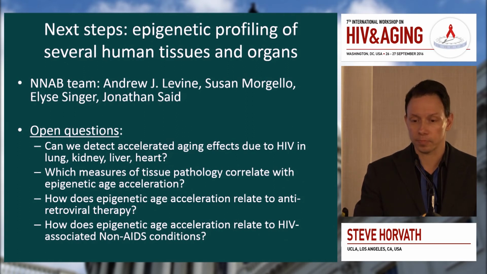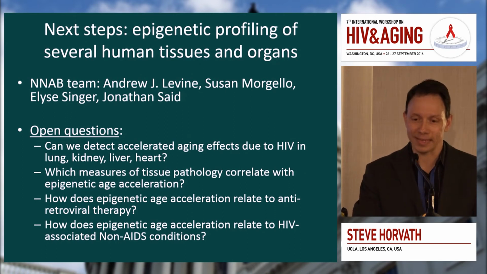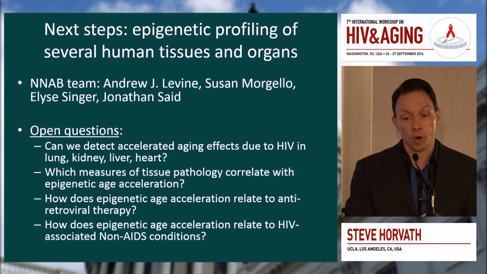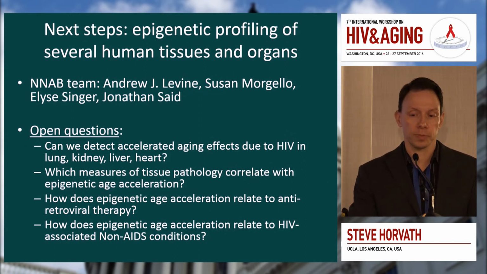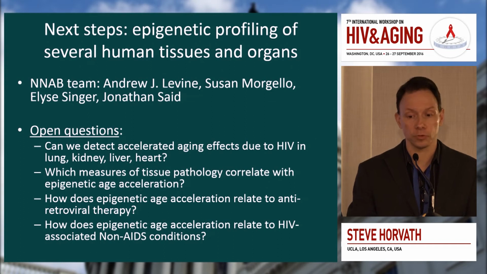Personally, I would like to profile 10 different areas of the body. And also, we want to understand which measures of tissue pathology correlate with epigenetic age acceleration. For example, what measures of liver damage or what measures of brain pathology, neuropathology correlate with age acceleration.